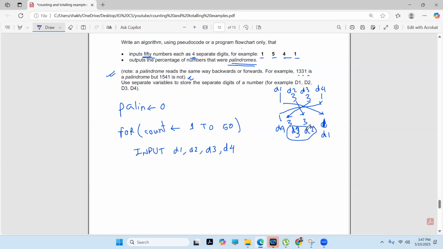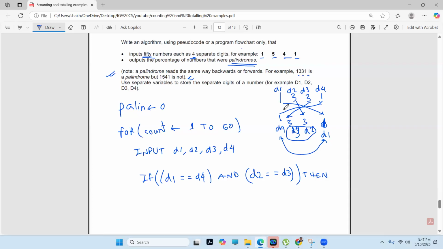So this pair and this pair must be the same. Because D1 goes to D4, that means if D1 is equal to D4 and D2 is equal to D3, then this number is a palindrome.